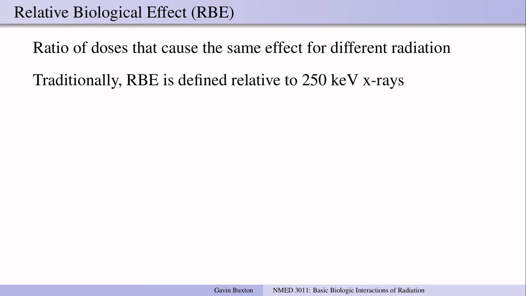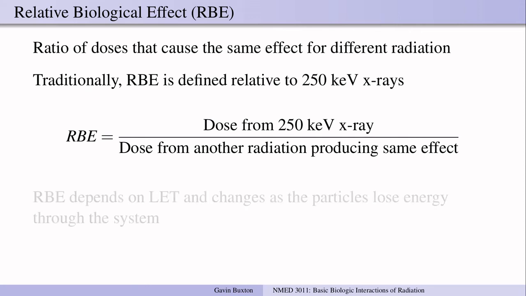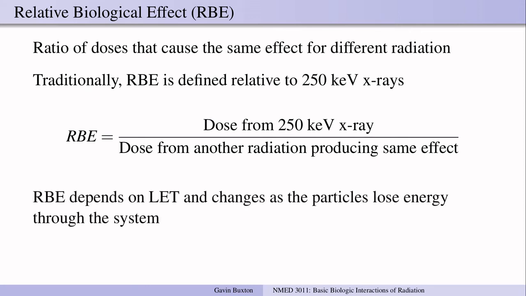Now, the National Bureau of Standards defined the relative biological effectiveness, or RBE, in 1954 to be the dose from 250 kiloelectron volt X-rays relative to the dose from another type of radiation that might cause the same kind of biological effect. For example, imagine we are looking at the LD50, which is the mean lethal dose.